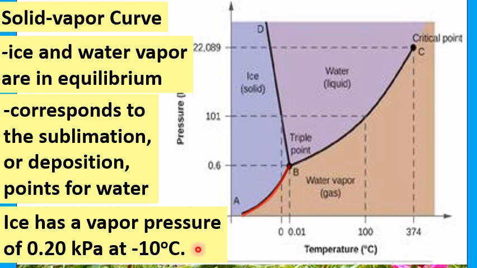Thus, if we place a frozen sample in a vacuum with pressure less than 0.20 kilopascal, ice will sublime. This is the basis for the freeze-drying process often used to preserve foods.